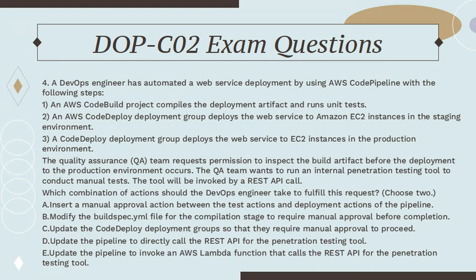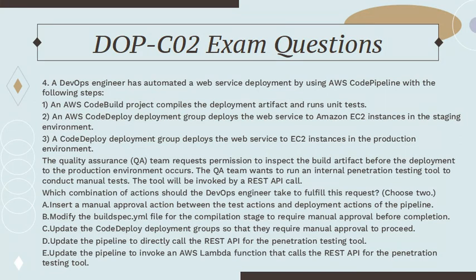An AWS CodeDeploy deployment group deploys the web service to Amazon EC2 instances in the staging environment. 3. A CodeDeploy deployment group deploys the web service to EC2 instances in the production environment. The Quality Assurance (QA) team requests permission to inspect the build artifact before the deployment to the production environment occurs.